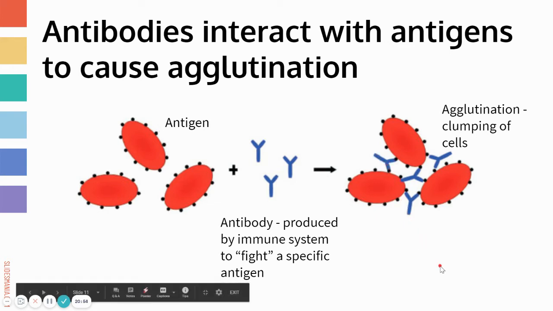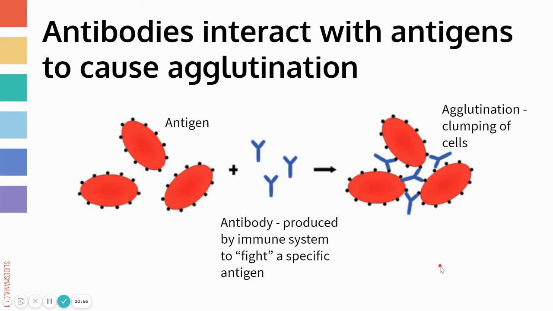And when this happens, a phenomenon can occur that's called agglutination. It's a fancy word that comes from a Latin word that means to glue together, but basically, it just means clumping. Agglutination just means clumping. So the antibodies sort of glue together the cells that they're attached to, and so we get these clumps of cells.